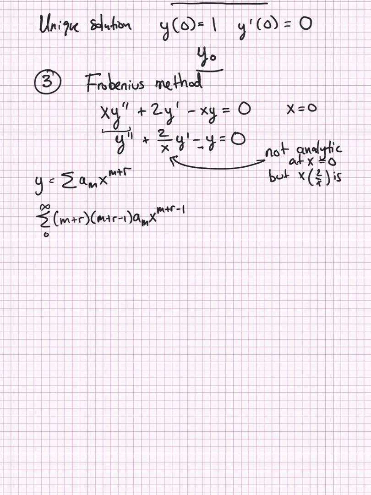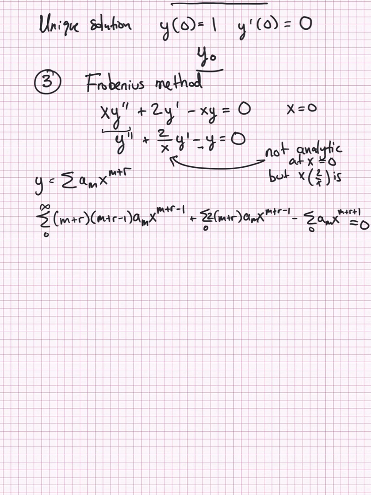Then we get plus 2 times the sum of m plus r, a_m, x to the m plus r minus 1. Oops, sorry, there's a 2 there. And then minus, now we have x times y, so we get the sum of a_m x to the m plus r plus 1. All of these sums go from 0 to infinity, and we know that this is equal to 0.